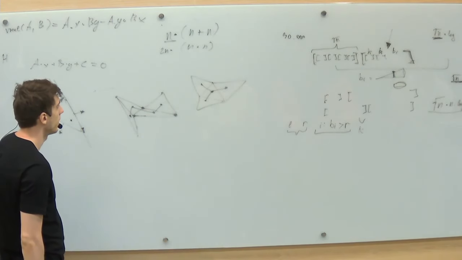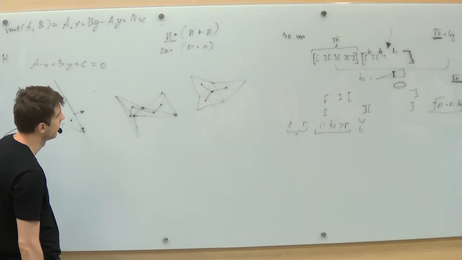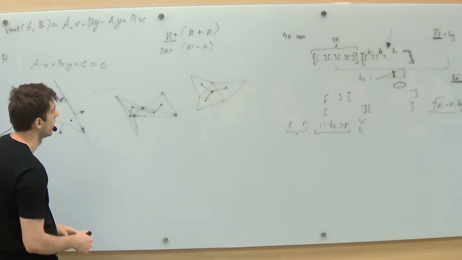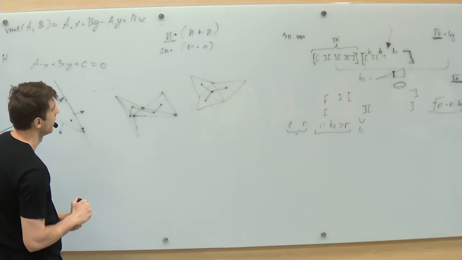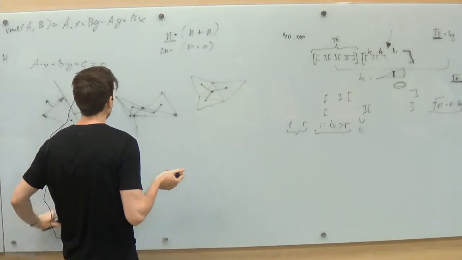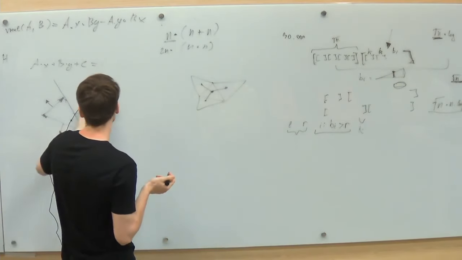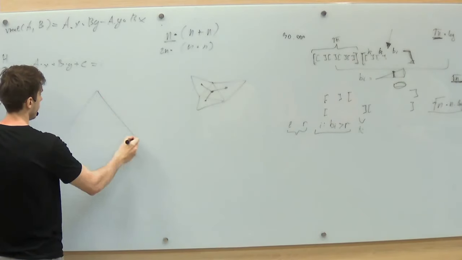And after that, how are we going to cut out the polygon from this? So let me draw a larger picture.